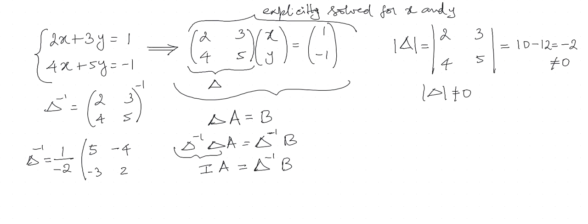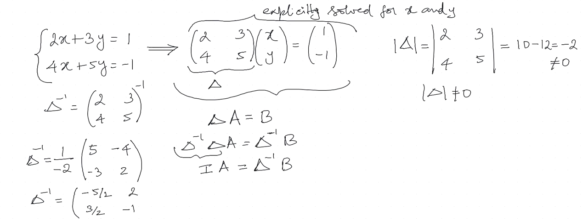We can take the minus 2 inside, since it is just a scaling factor. That will look like minus 5 over 2, 2, 3 over 2, and minus 1. Is that right?